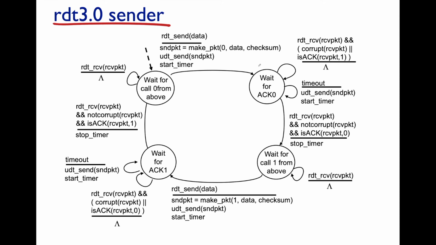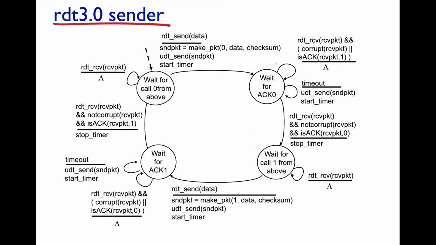And you transition to waiting for the acknowledgement for what you just sent. So now there are 3 different alternatives. You can have the corruption case or acknowledgement of the wrong sequence number. You can have a timeout, or you can actually get the ACK for this packet stamped with a 0. So now you're waiting for an ACK 0.